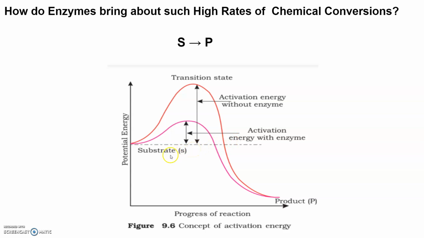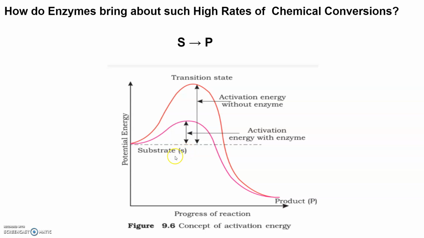Hence, when we look at this graph, the y-axis represents the potential energy content, and the x-axis represents the progress of a reaction, which is the transition through the transition state.